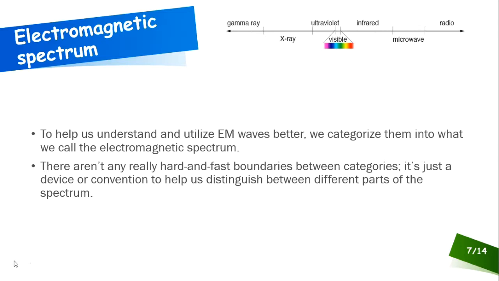The hardest boundaries you're going to find are for the visible light spectrum, and that's because it's based on biology. It's based on what human eyes can actually detect and sense. But outside of that, the different categories for the electromagnetic waveforms are pretty fuzzy.